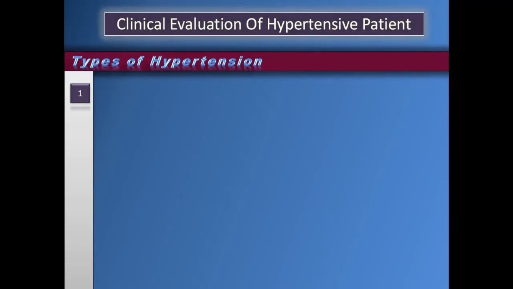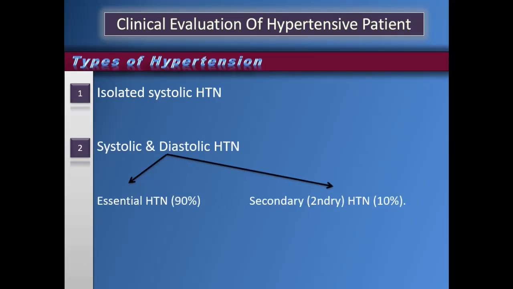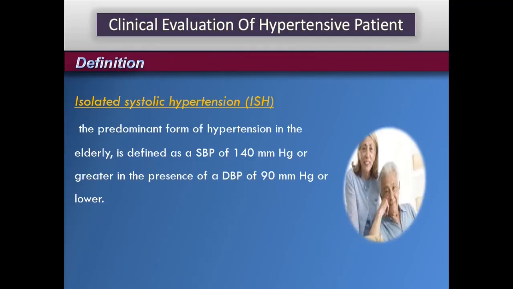We have isolated systolic hypertension, combined systolic and diastolic hypertension, which can be divided again into primary or idiopathic hypertension and secondary hypertension. What is the definition of isolated systolic hypertension?